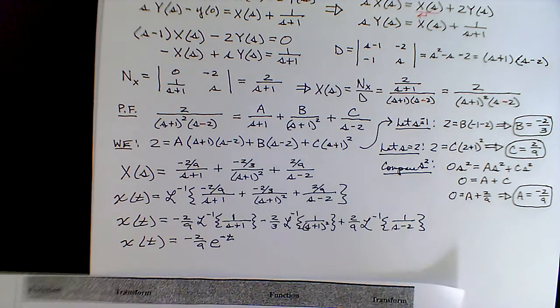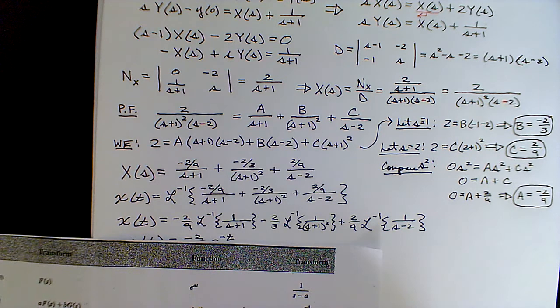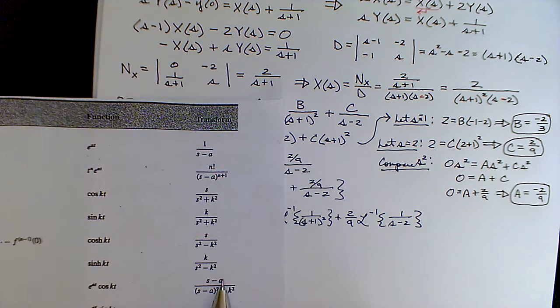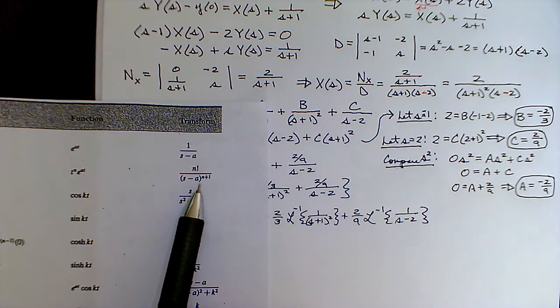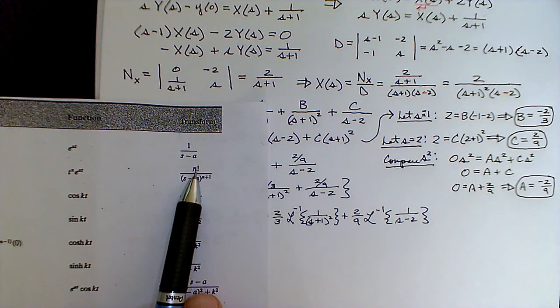So if we have s plus 1 quantity squared, that means n is 1, and we do have the 1 factorial in the numerator, that's satisfied.